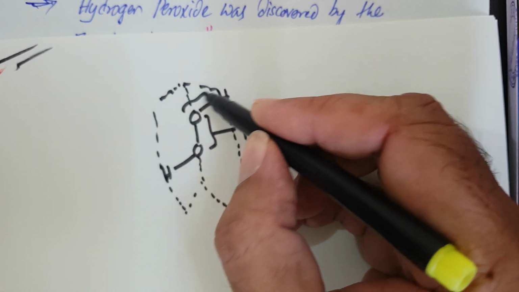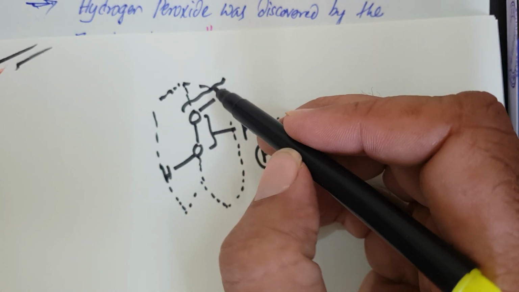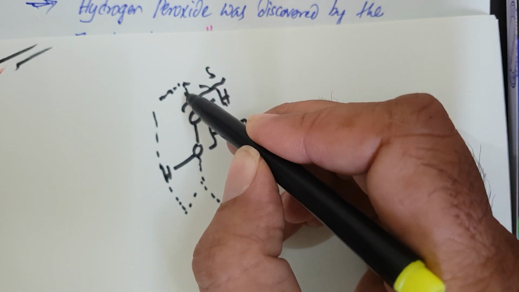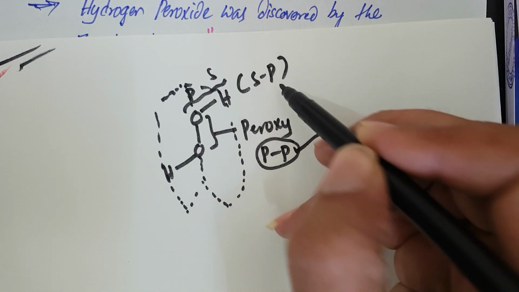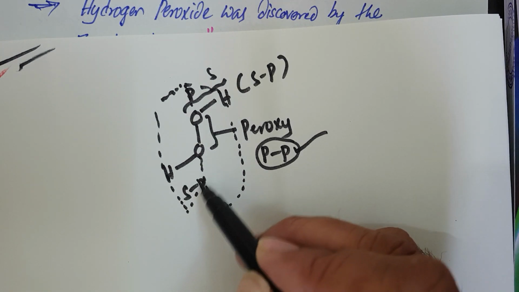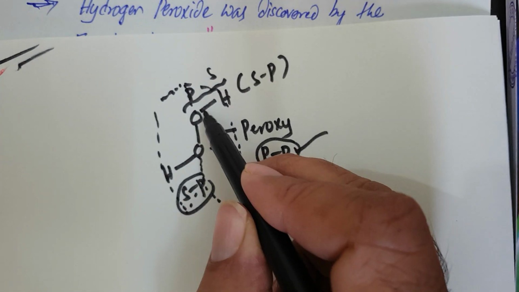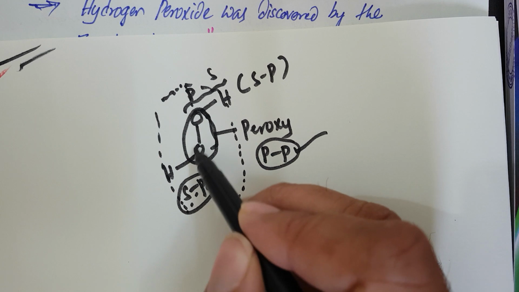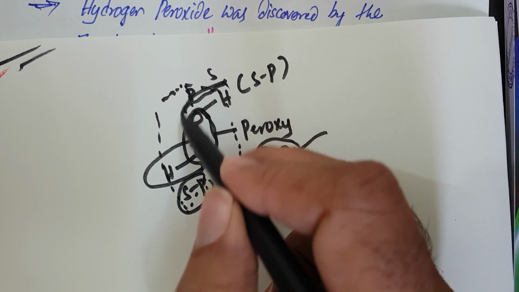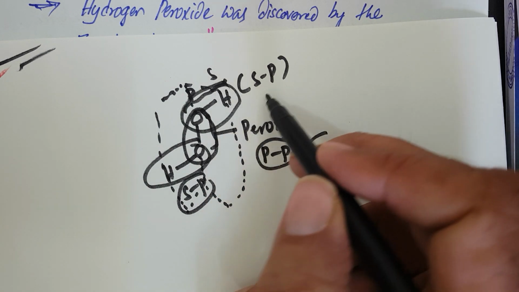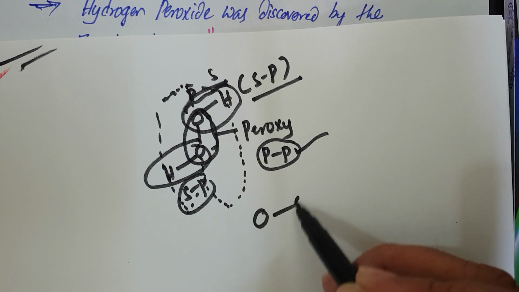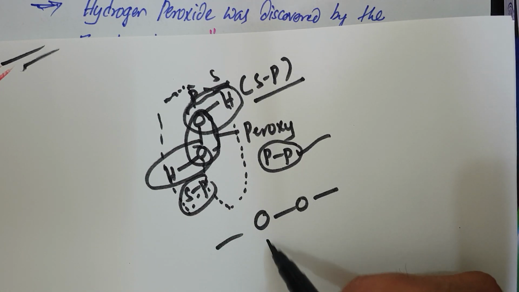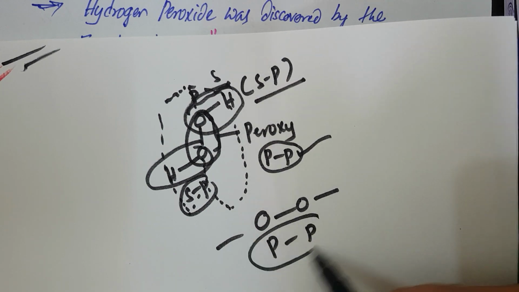Here the OH bond is a hydroxy bond, hydrogen atom s orbital, oxygen p, so this is sp overlapping. Hydrogen peroxide contains one OO bond and two OH bonds. The OH bond is due to sp overlapping, and the OO bond, called peroxy bond, is due to pp overlapping.